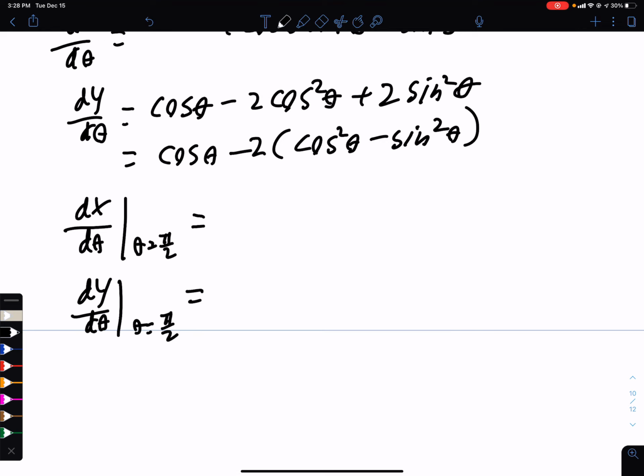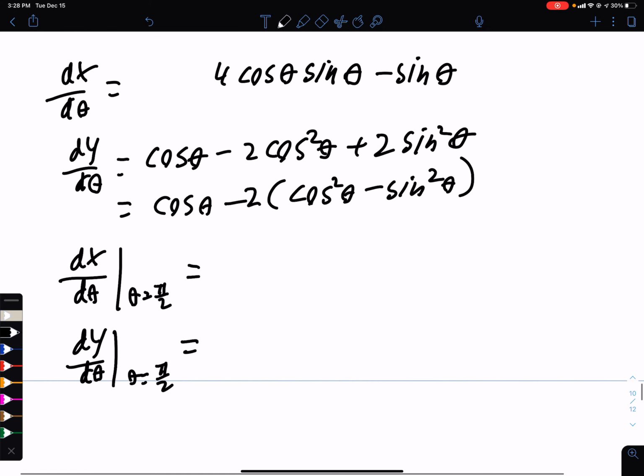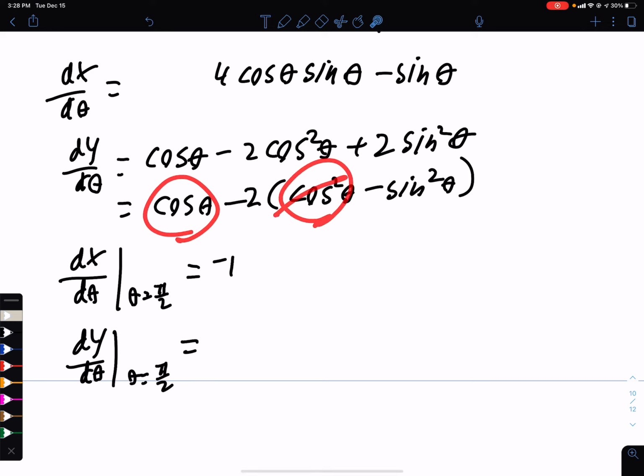All right, so if we plug in pi over 2 into dx d theta, cosine of pi over 2 is 0. That's gone. Sine of pi over 2 is 1, so it's negative 1. And then plug in pi over 2 into dy d theta. Cosine pi over 2 is 0, those are gone.